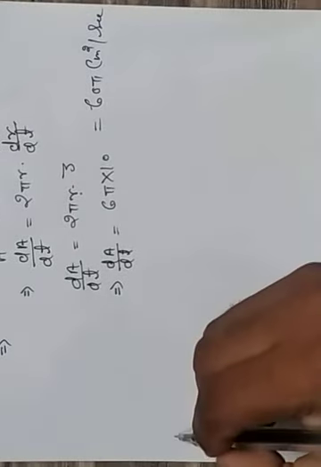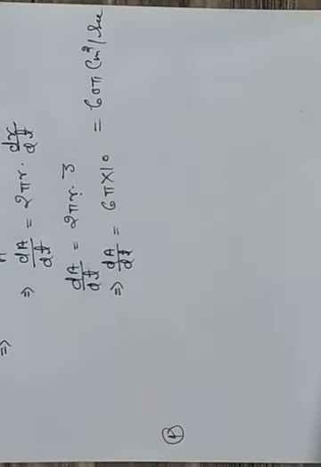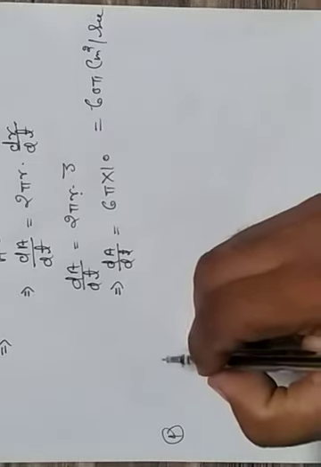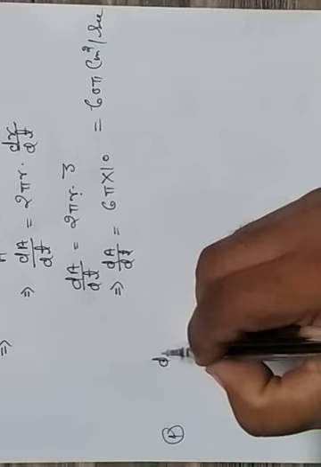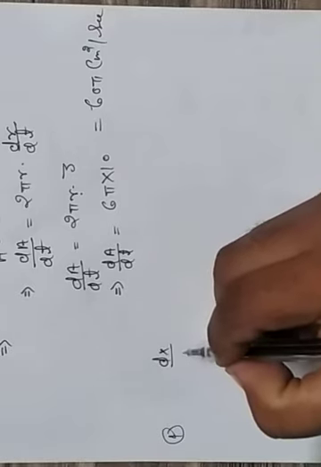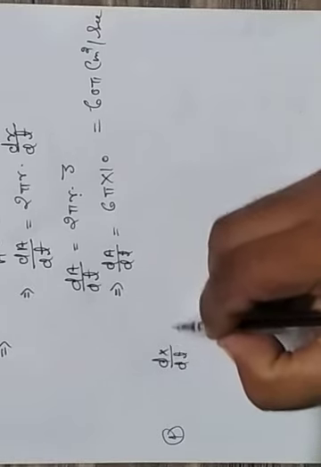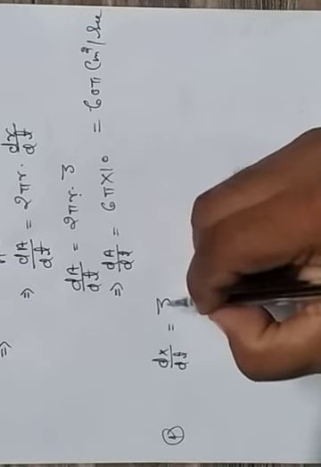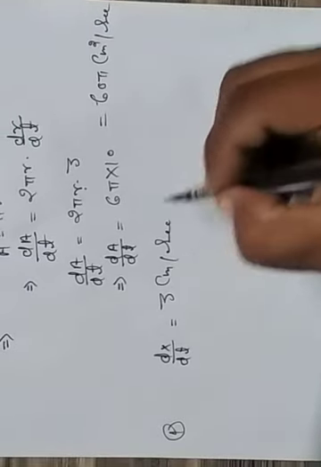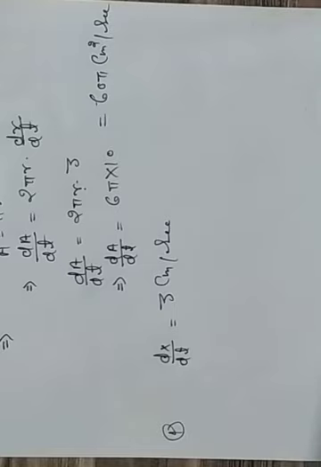See, next question is question number 4. An edge of a variable cube is increasing at the rate of 3 centimeter per second. Student, again given the length dx upon dt is given here 3 centimeter per second. How fast is the volume of cube increasing when side is 10 centimeter long?